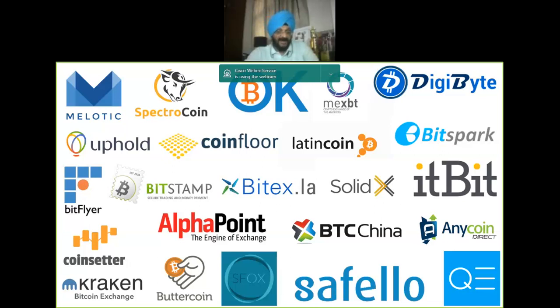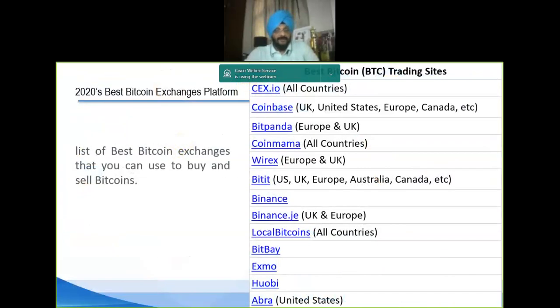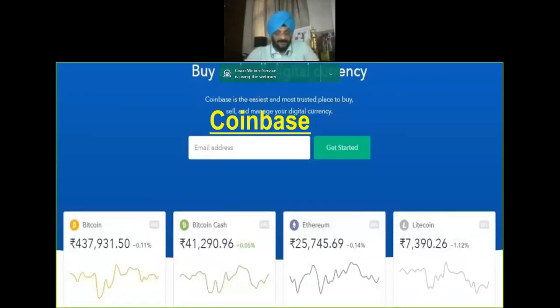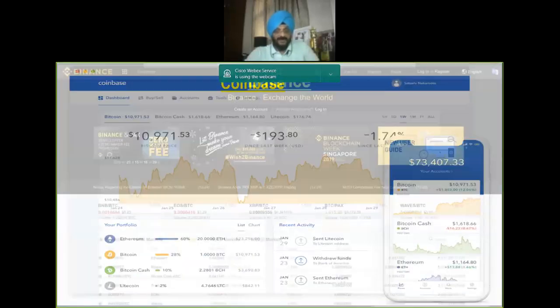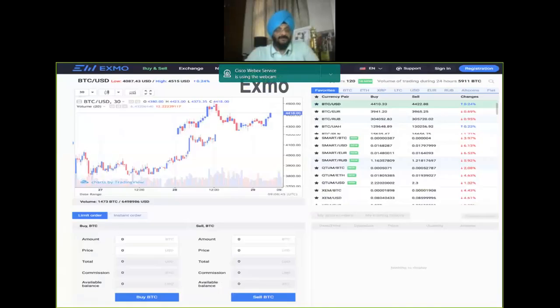And I'll just show you a snapshot of how these exchanges look. This is the software for the exchanges. This is how one snapshot of a Bitcoin exchange, XMO, looks, where you can buy and sell bitcoins. This is another one.